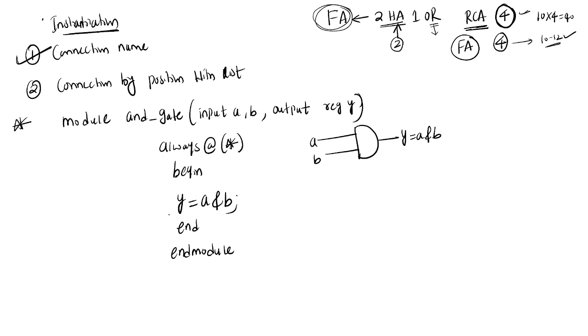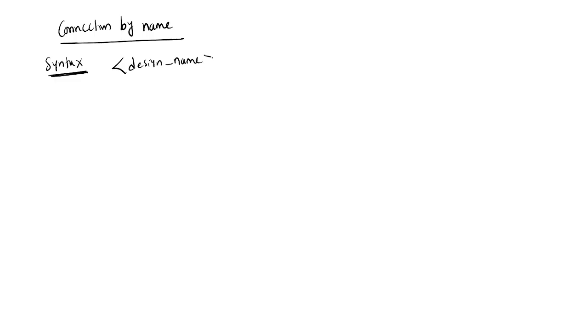Okay, so if it is a connection by name, the syntax will be like this. Syntax will be design name, and next instance name.